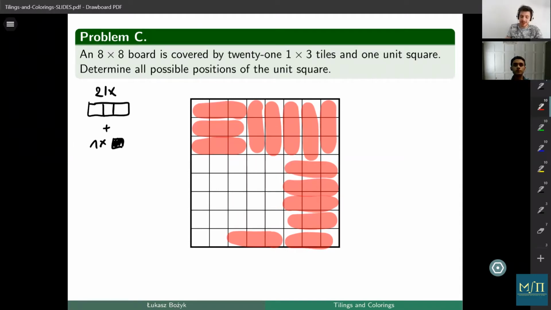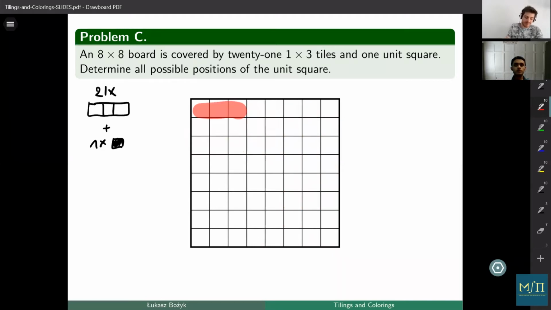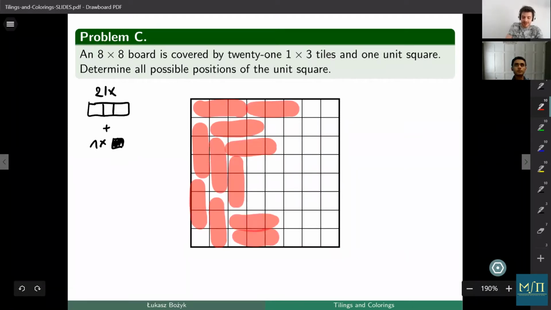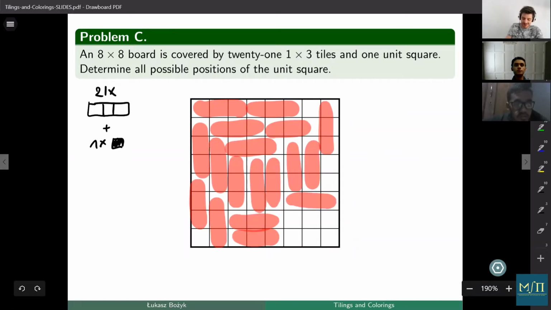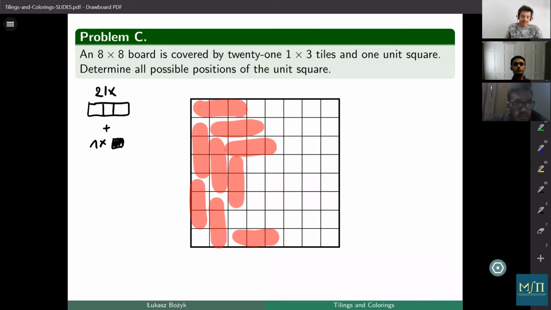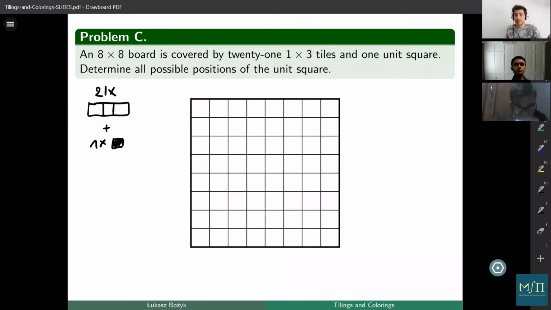But it's not that obvious how to try, right? We may try to arrange them in some clever different ways. But in order to check all possible options, we would need, I don't know, all computers of the universe, and they are not enough. And they are not available to us. So let's try to understand where the unit square could be, if it's possible to tile it like this.